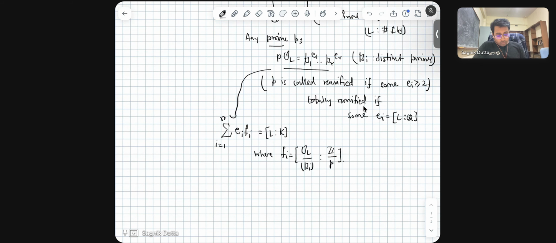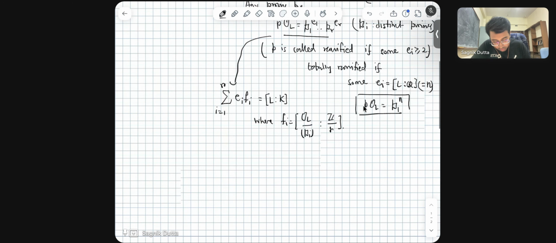So you see, if one of the ei is the degree of the extension, then r has to be 1, because the right hand side is exactly the degree of the extension itself. So in that case r will be 1, there is no f2 and beyond, and f1 has to be 1 as well. So the prime will look like p1 to the power n, if I call this thing n. So there is a single prime lying above the little p.